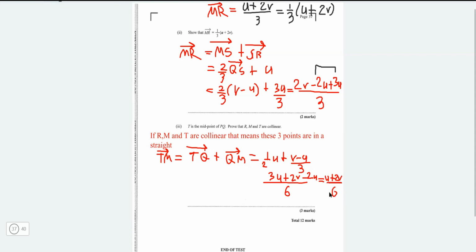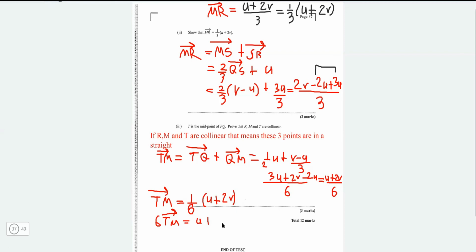That is vector TM. Now look at this. So vector TM is equal to 1 over 6 times U plus 2V. That's what we have for vector TM. If I cross multiply by the 6, then 6 times vector TM is equal to U plus 2V.